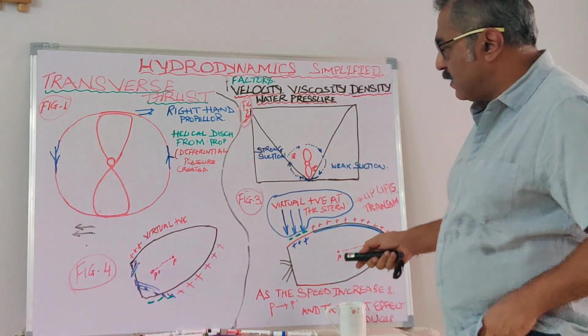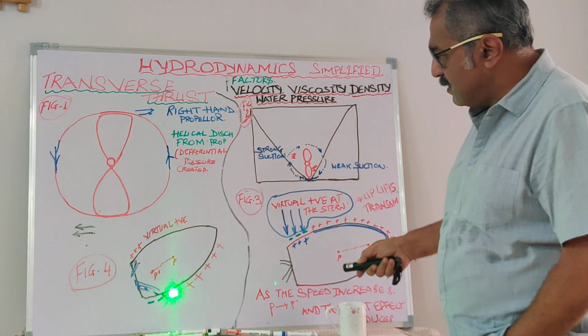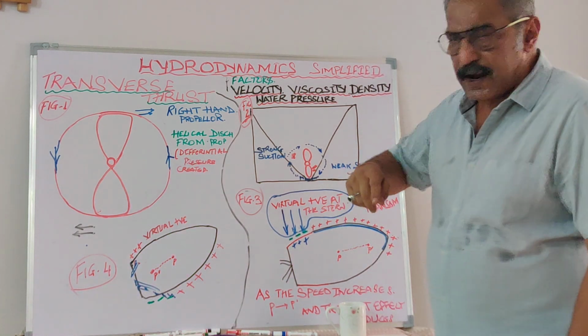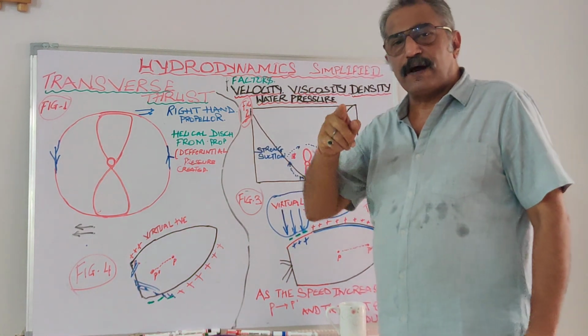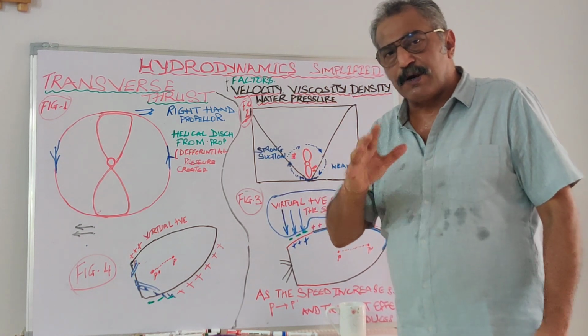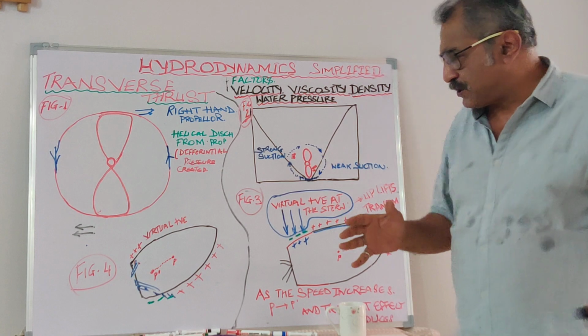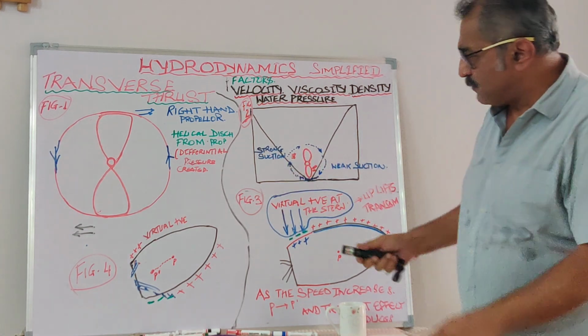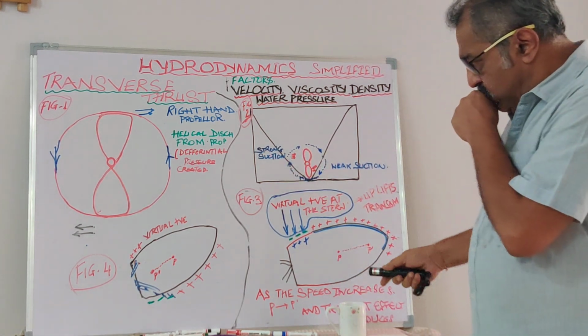What is shown over here is that positive forces are here, the vessel is turning in an anti-clockwise direction, and the suction is created on the starboard quarter and positive pressure on the port quarter, as I've shown you here.